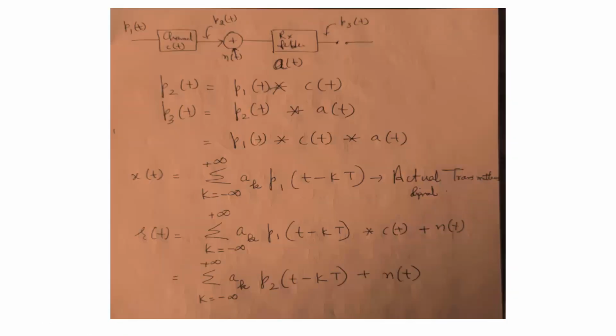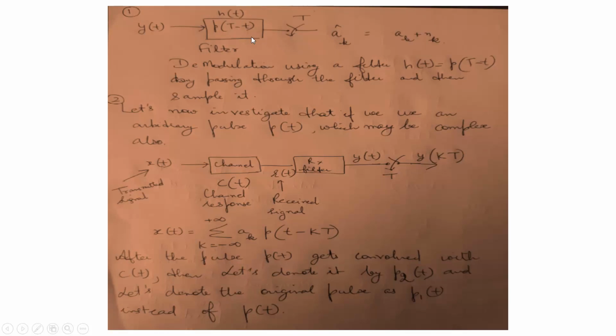Now let us put this y(t) in the convolution formula in terms of the continuous domain. What is y(t)? It is what we get at this point after the receiver filter. y(t) is obtained after r(t), the received signal, gets passed through the receiver filter, which is the matched filter.